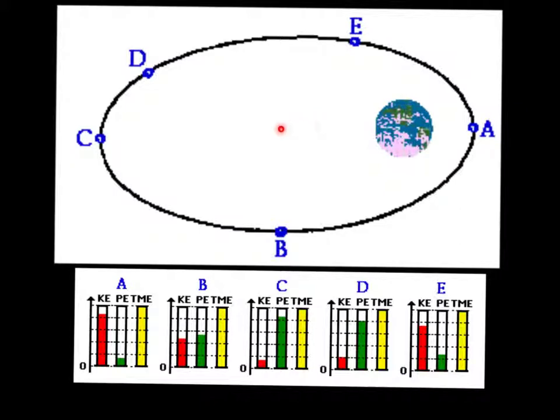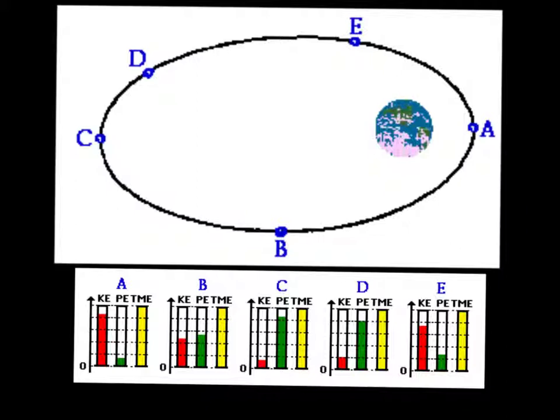So the further the distance is, the greater the potential energy. So we have the greatest potential energy at position C. Where do we have the least potential energy? A, B, C, D, or E? Well, the area closest, we would have the least potential energy.